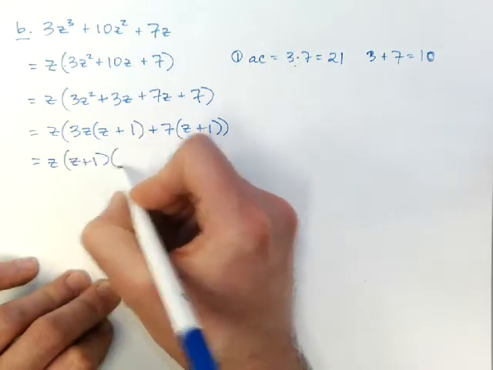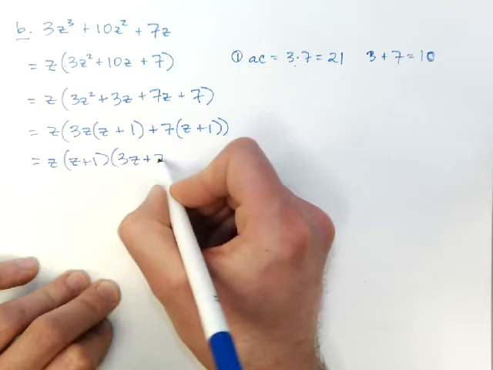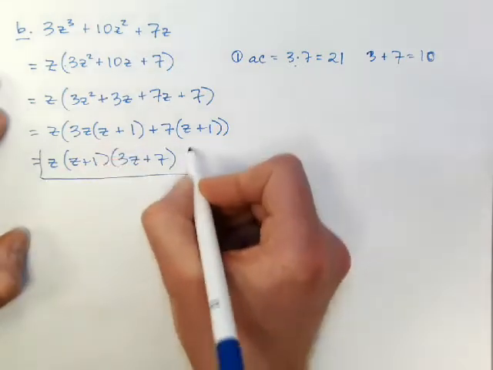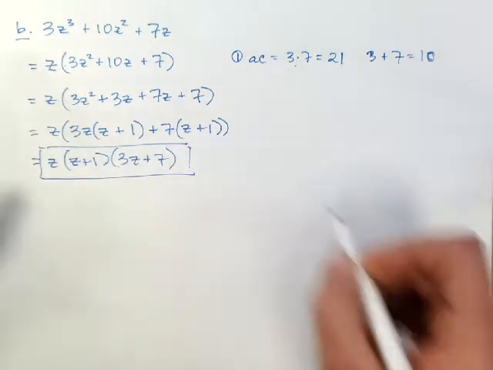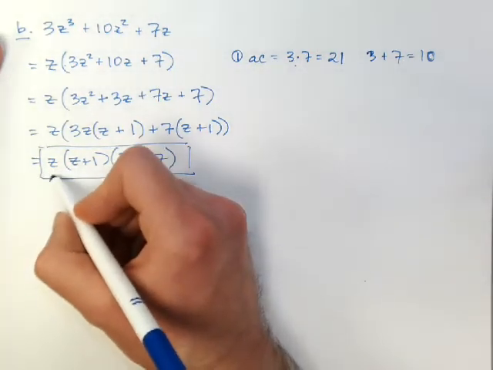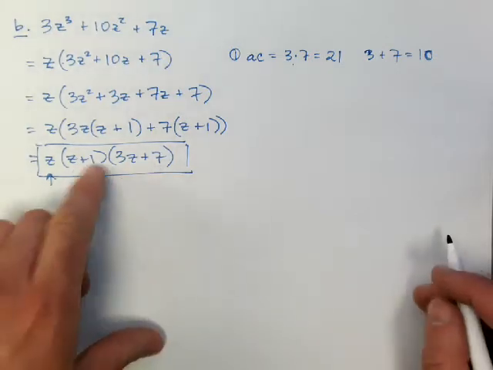Factor that out, and we're left with 3z plus 7. So z times z plus 1 times 3z plus 7 is the full factorization of our original polynomial. Always remember to keep any GCFs that you got, because that is actually part of this. You have to have that in there for this to multiply back to the original.